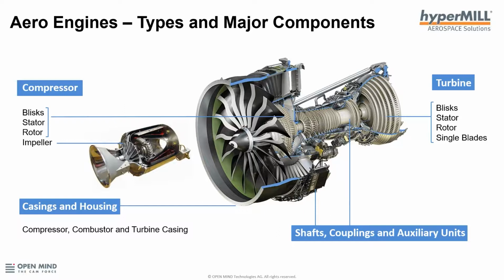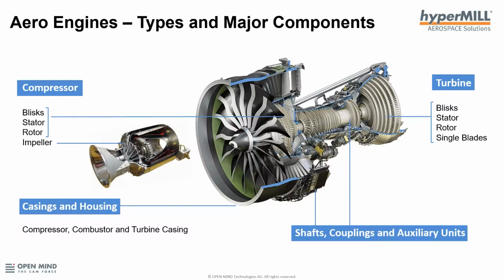Turbines can be made up of bliss, stator, rotor, or single blades that are mounted on a disc. Most of these, as we know, are mounted on shafts. There's couplings, auxiliary units, and of course, there's casings, rings, and housings for these compressor, combustor, and turbine.